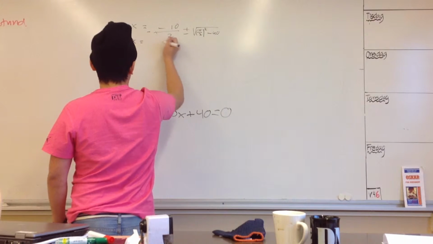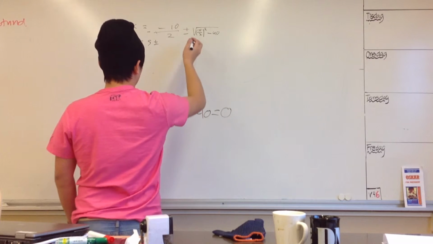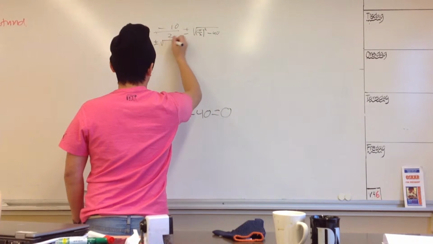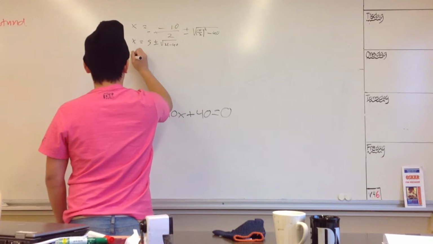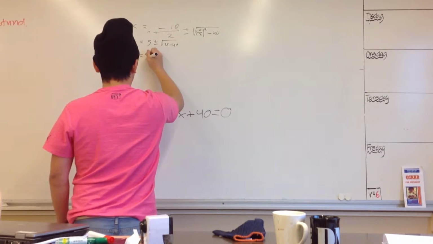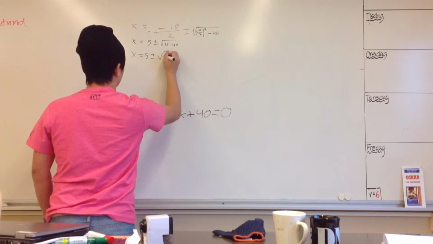X equals 5 plus minus the square root of 25 minus 40, which is x equals 5 plus minus the square root of minus 15.